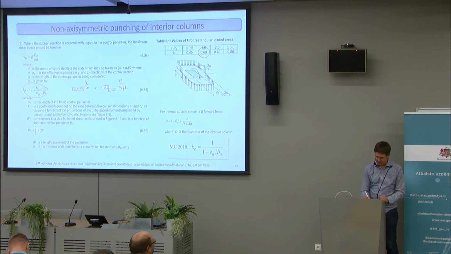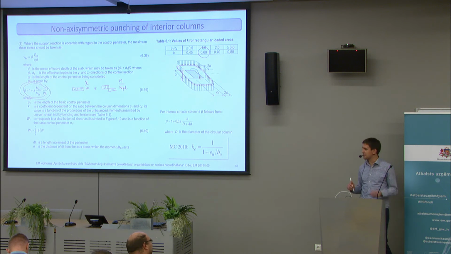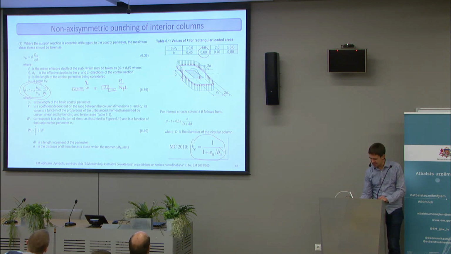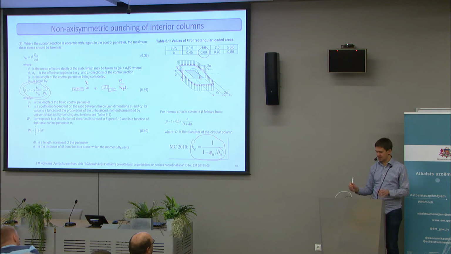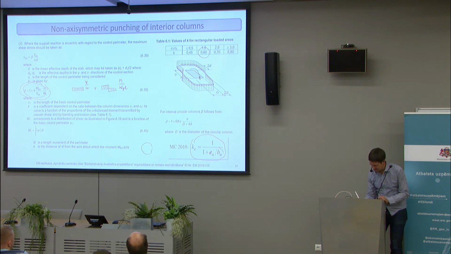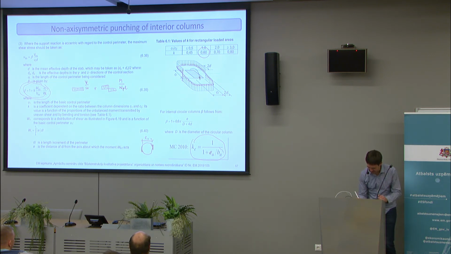So this is how Eurocode approaches it for interior columns with moment transfer. In Model Code, there is a simple one. It's the only place, I think, where Model Code is simpler than Eurocode, that the same factor is just a parameter like this, where e_u is the distance or the width of the control perimeter, and b_u, I think, is the length of the control perimeter.